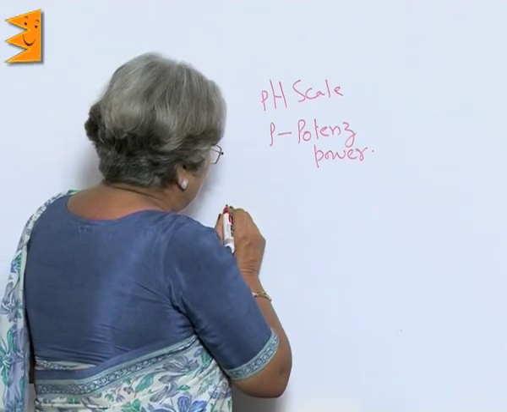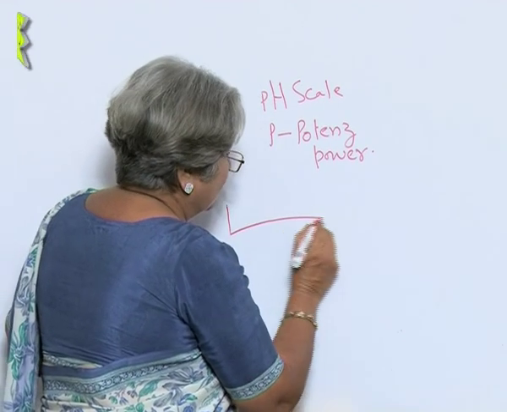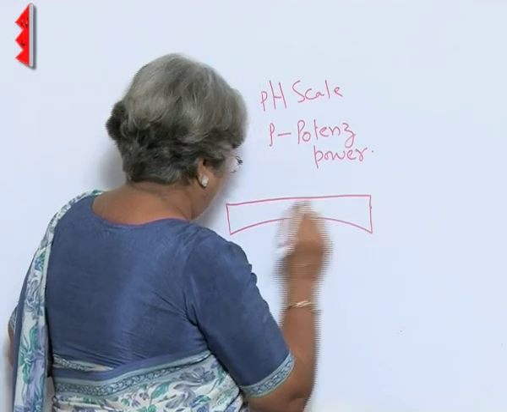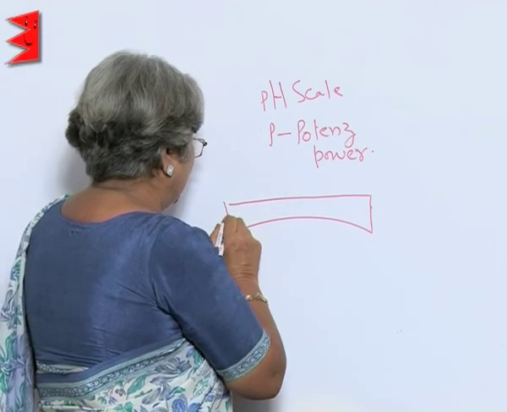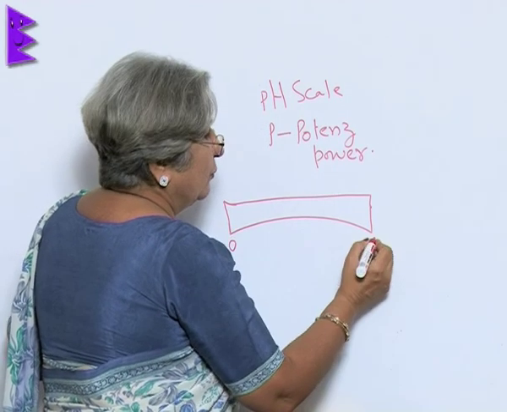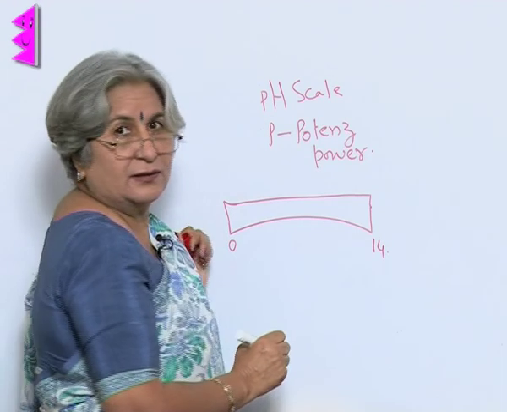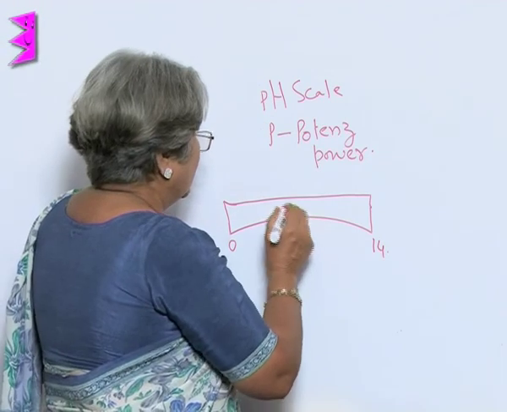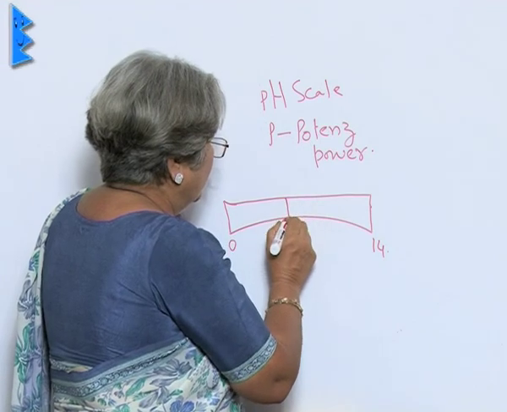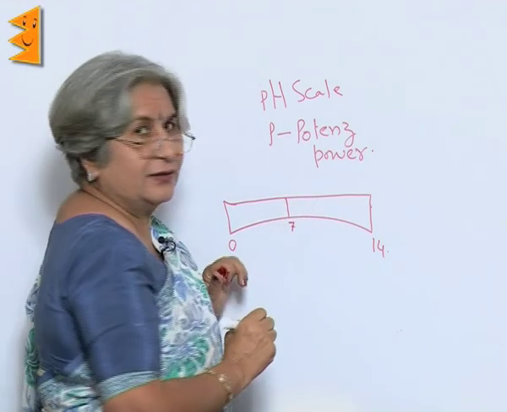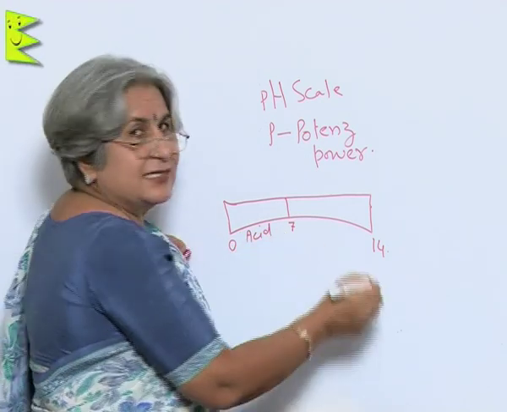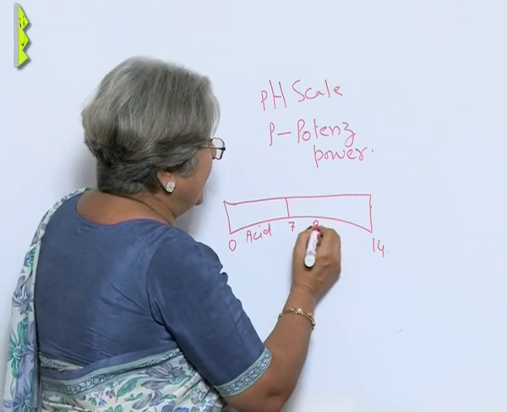If we take it like this, what we find is that the scale is from 0 to 14. The neutral is at 7. So, 0 to 7 is acid and 7 to 14 is base.